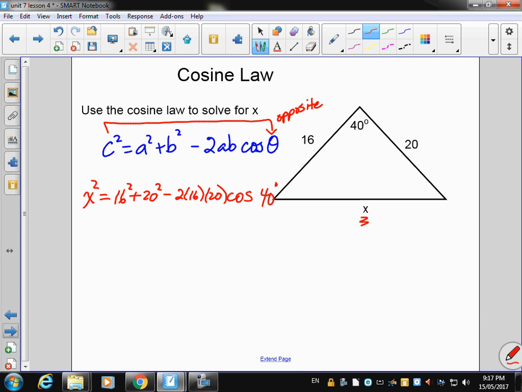The trick with this is not the law itself, you'll remember that fine, but to remember to multiply all of this. A good tool to use would be 16 squared plus 20 squared, subtract bracket 2 times 16 times 20 times cos 40. Okay.